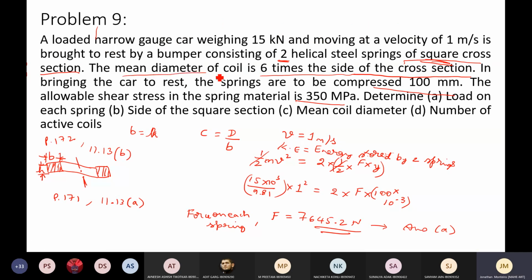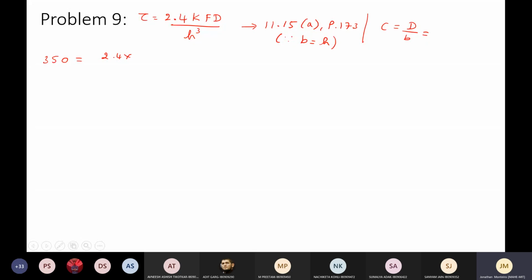Mean coil diameter is 6 times the side of the cross section. So that means we are actually saying C is 6. There's one more way to write this also. This is 6 times the cross section, 6B by B. In other words, 6. Once it is established as 6, then K will be around 1.2525.